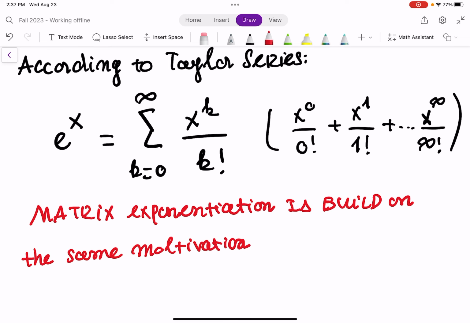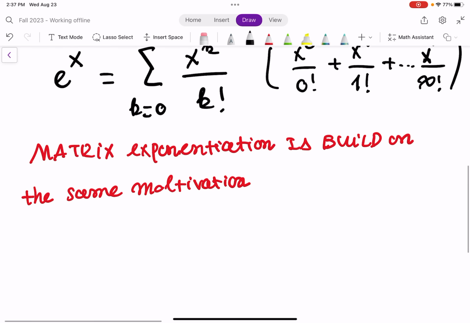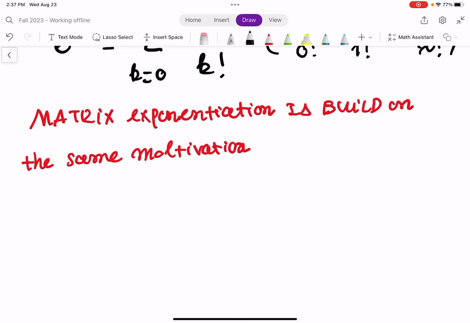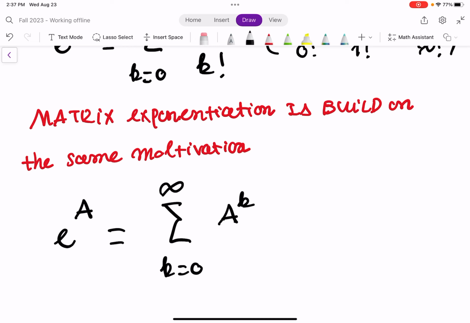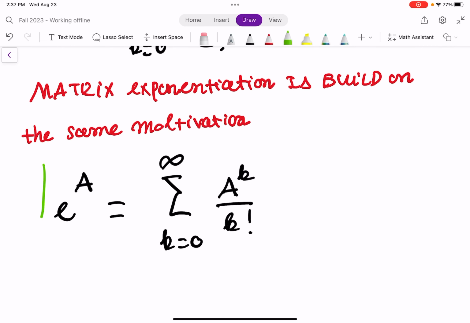What does it mean? It means that we can say e to the power of a matrix is the summation of k equals 0 to 50 of the matrix A to the power k over k factorial. This is the one right here.